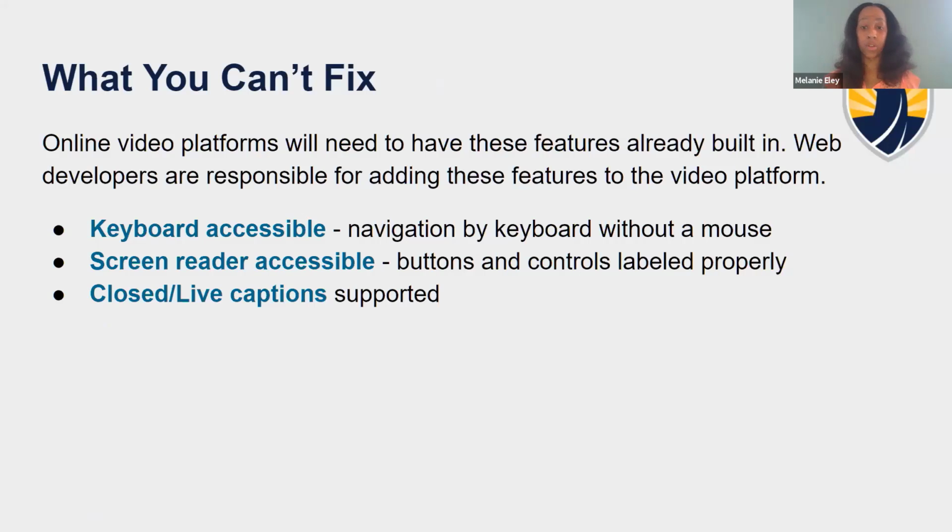If you are using a platform that doesn't have any or all of these features, there's nothing we can do about that. That's just because these things have to be built into the platform already. And typically the video platform has web developers who are responsible for adding these features. So like I said, if it's not there, there's really nothing you can do about those things.